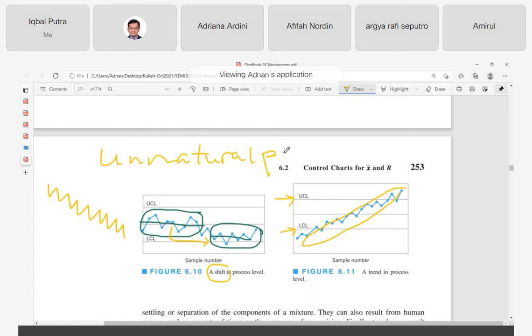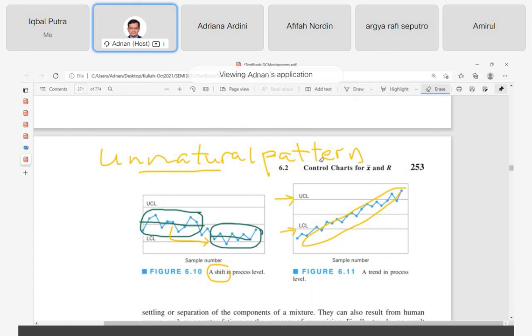Unnatural pattern. If the process is stable, the pattern is natural. If the process is unstable, we call it unnatural pattern. Unnatural pattern is contributed by assignable cause. There are assignable causes contributing to unnatural pattern.